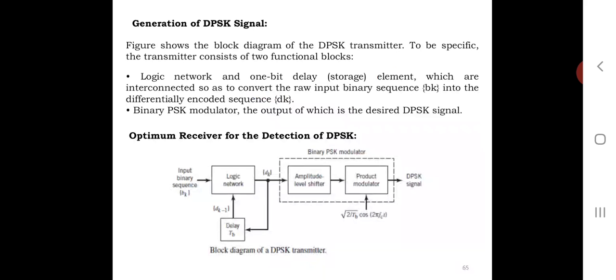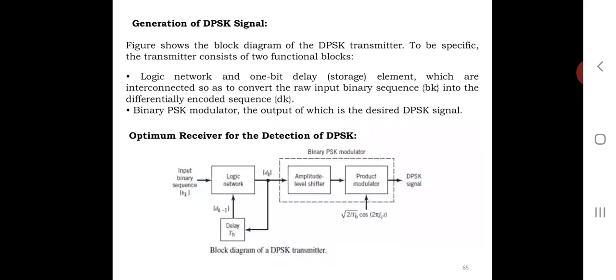The block diagram of this is shown here. The generation of the DPSK signal consists of a logic network and a bit delay, as we have discussed in one illustration. According to that, this will be generating the DPSK signal.